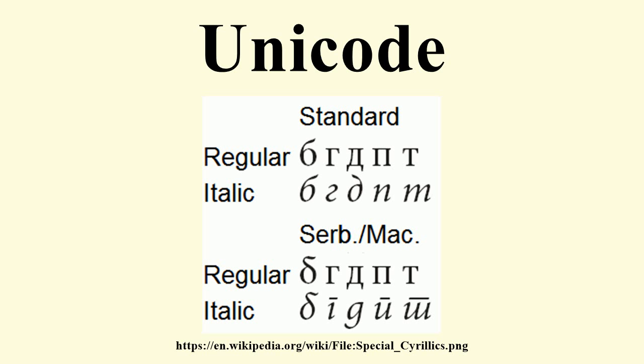Outside the BMP, high and low surrogate code points are not valid by themselves. Thus the range of code points that are available for use as characters is U+0000 to U+D7FF and U+E000 to U+10FFFF. The value of these code points is sometimes referred to as the character's scalar value.